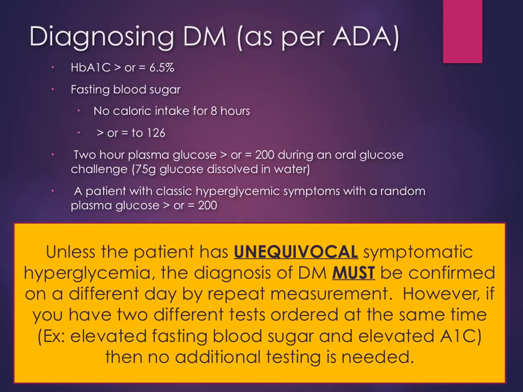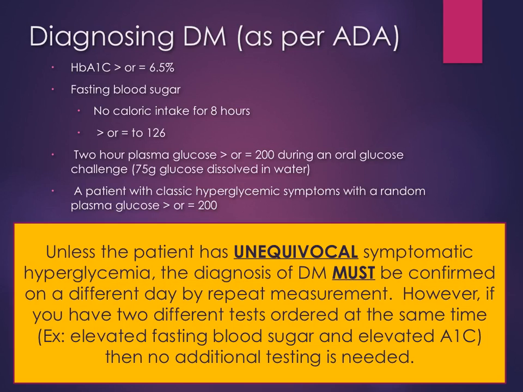Now, to actually confirm the diagnosis, you typically need to have 2 tests done, unless the patient has some unequivocal symptomatic hyperglycemia, like diabetic ketoacidosis. If you don't have that, then you technically have to confirm it on a different day. As I mentioned at the beginning of this presentation, most of these labs are now done by machines, and if they're not calibrated correctly, you may not get an accurate test.